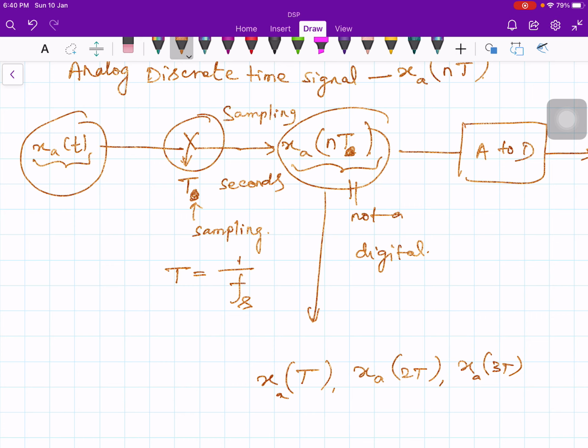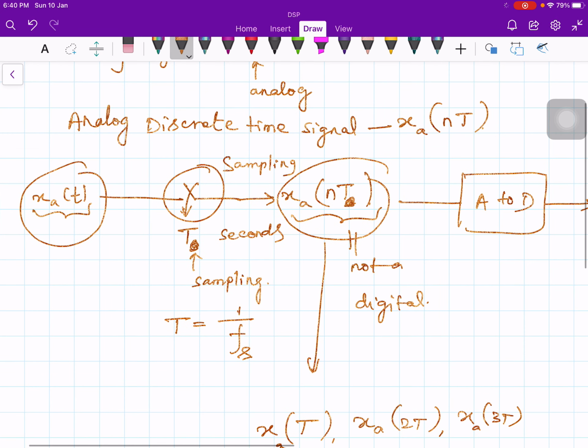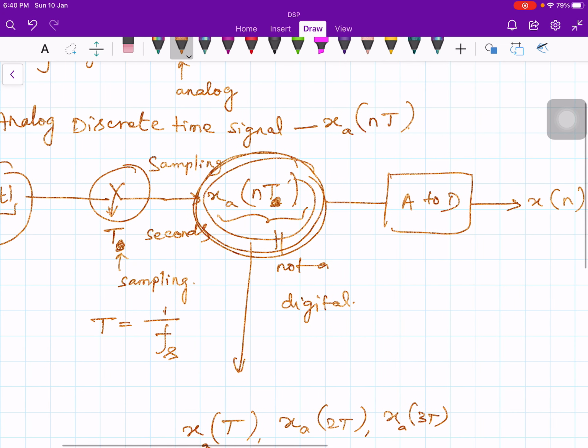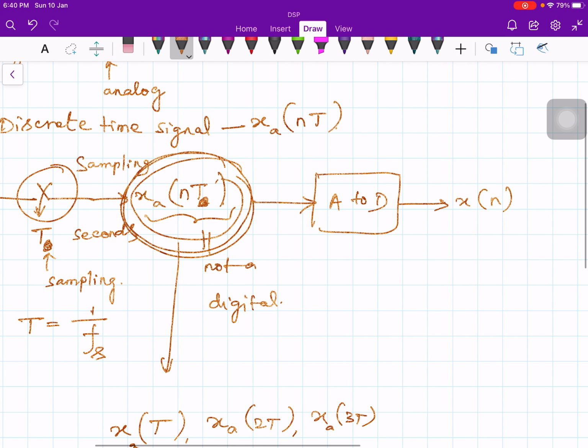After sampling you will get a signal discretized in time. So again you will get an analog signal, but the time is discrete. So this is called analog discrete time signal, and then pass it to the A to D converter, and the output of the A to D converter is a digital signal, and the digital signal is denoted by the symbol x of n.